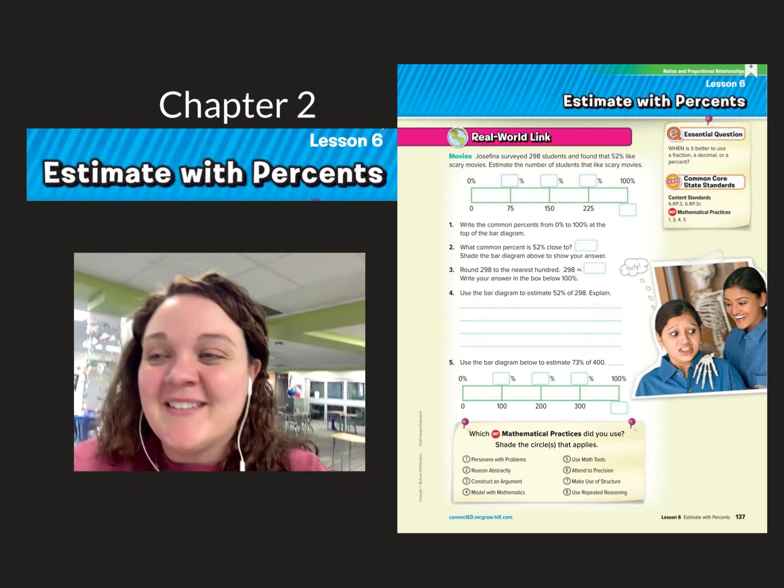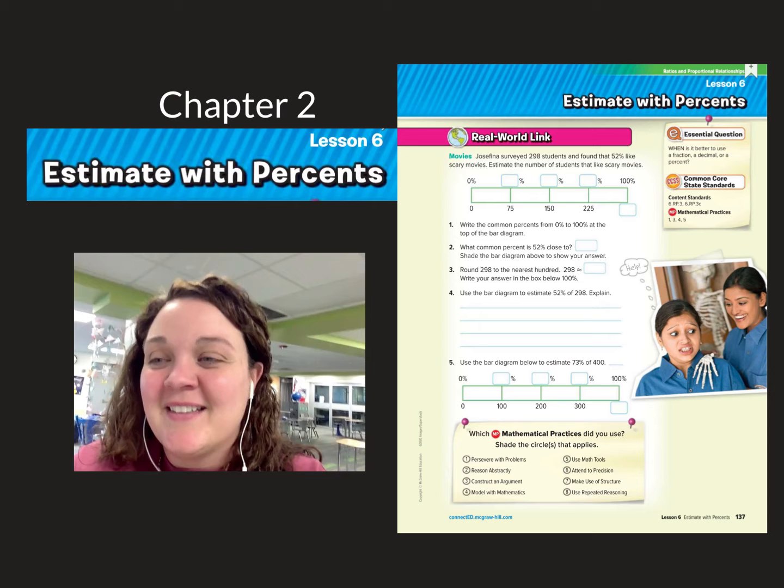Let's get started. On page 137, I kind of liked this little graph that they put in. They said Josephina surveyed 298 students and found that 52% like scary movies. Estimate the number of students that like scary movies.